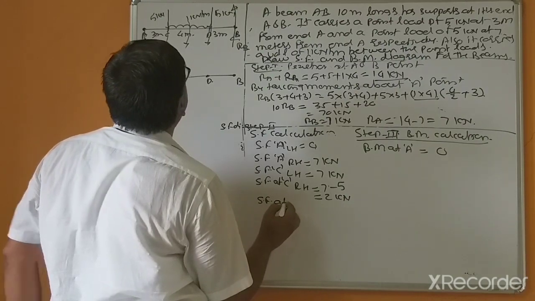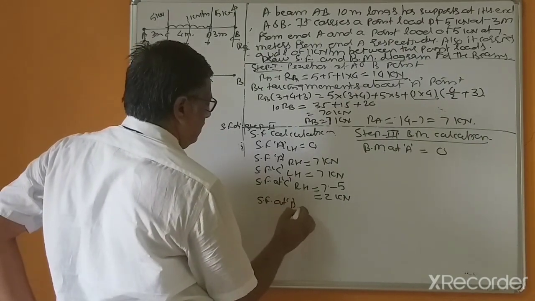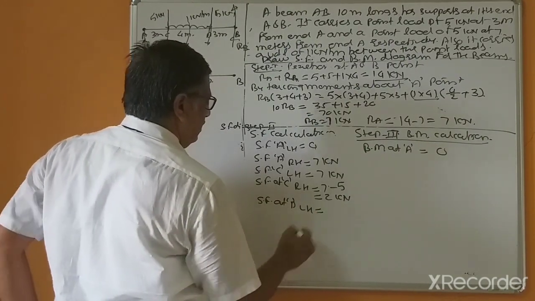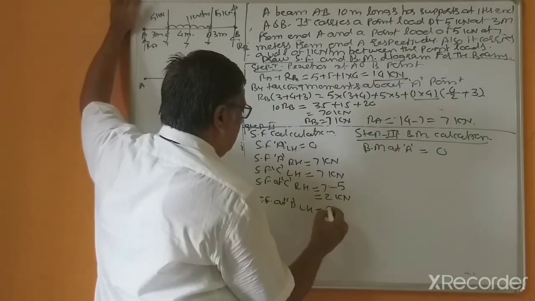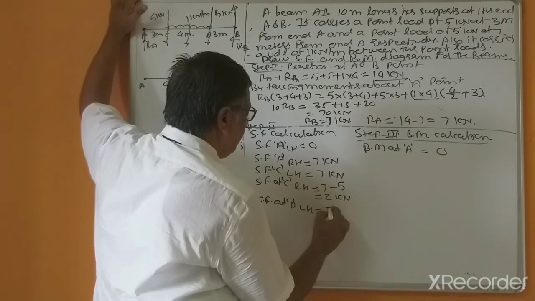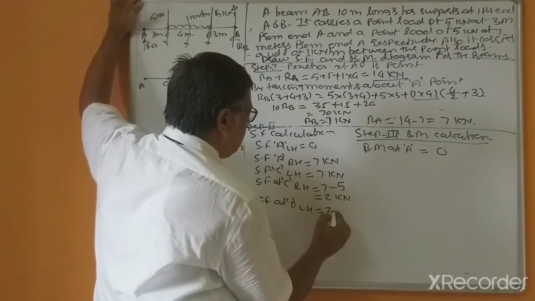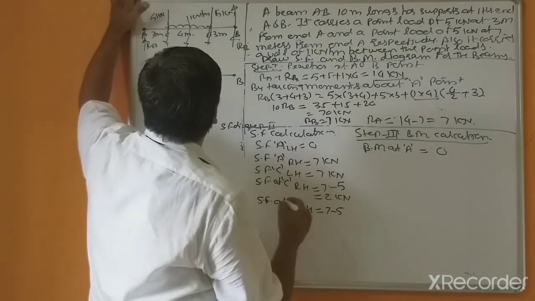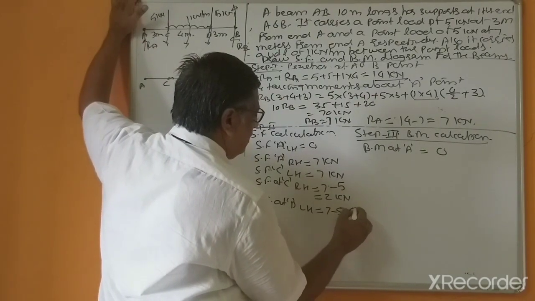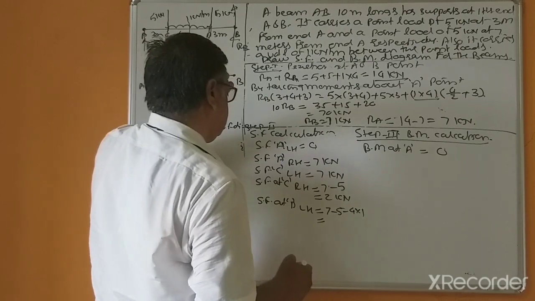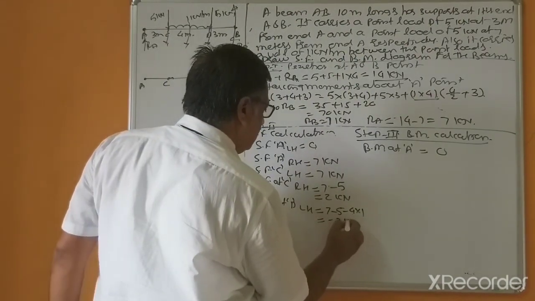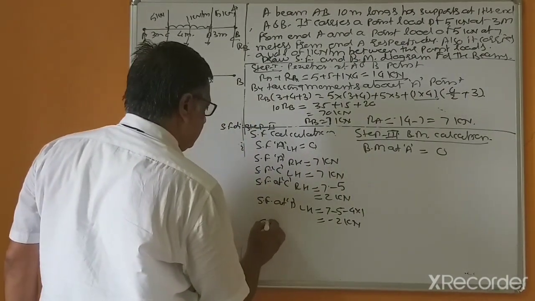Next, shear force at D left hand side equal to 7 minus 5 minus 4 multiplied by 1, negative 2 kilonewtons.